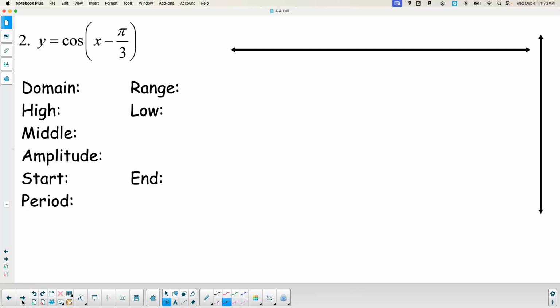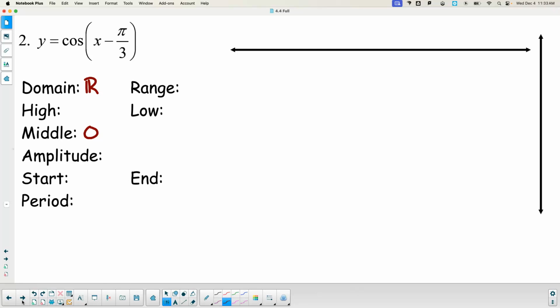Okay, so let's look at this one here now. Our domain is still going to be all real numbers. Our middle is still going to be 0 until tomorrow. Those are the only two things that get locked in every single time.